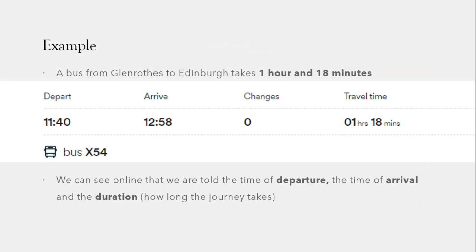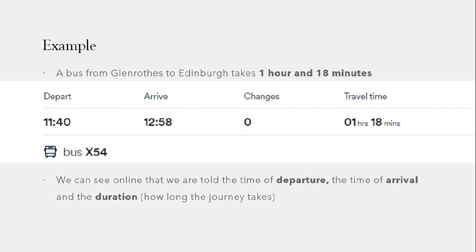So an example of what a modern bus timetable looks like is here. This is the bus that I get through to Edinburgh on mostly every Friday. And you can see here that at 11:40 the bus leaves, and at 12:58, so 2 minutes to 1, the bus arrives.